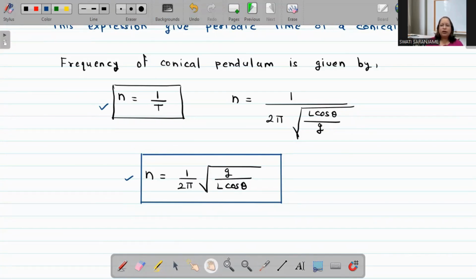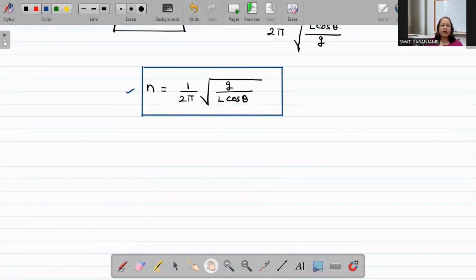Now, in the expression for periodic time, I think this is our sixth point, what we have, T is equal to 2 pi under root L cos theta by g. This is the equation for periodic time of conical pendulum.